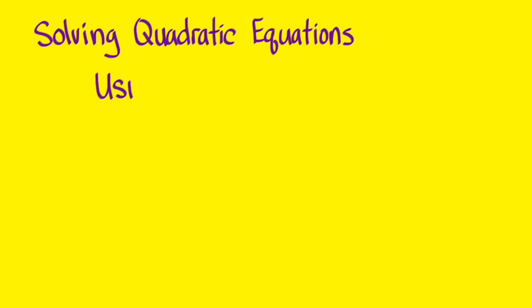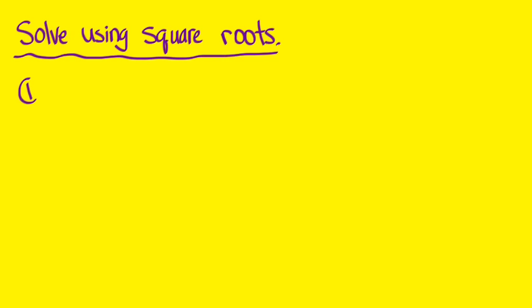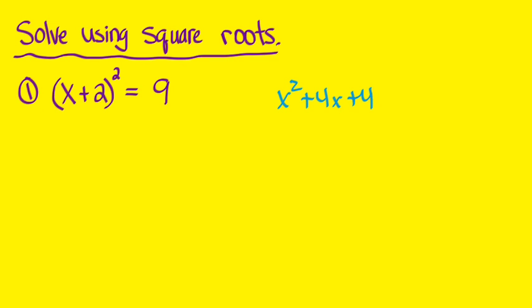Okay, let's solve quadratic equations now using square roots. So if I'm solving using roots, I know that x plus 2 times x plus 2 is a perfect trinomial square, right? Or x squared plus 4x plus 4, right? This is what this looks like. And we're saying it equals 9, right?